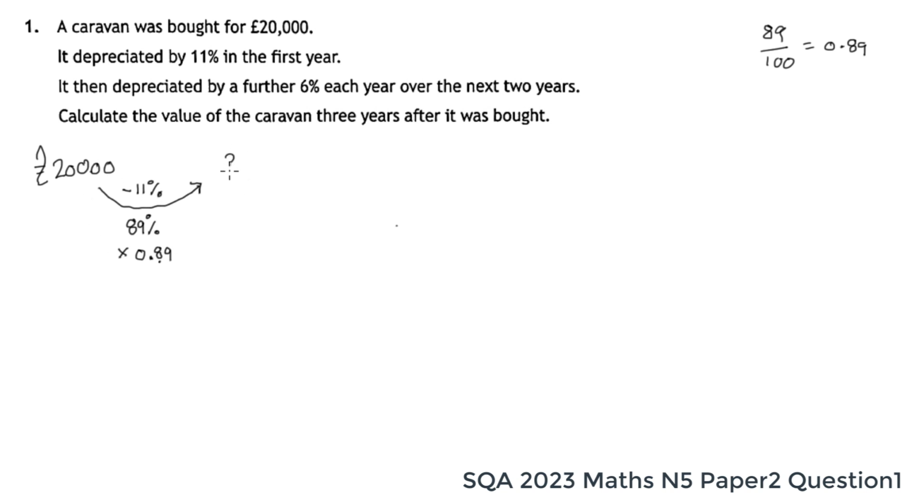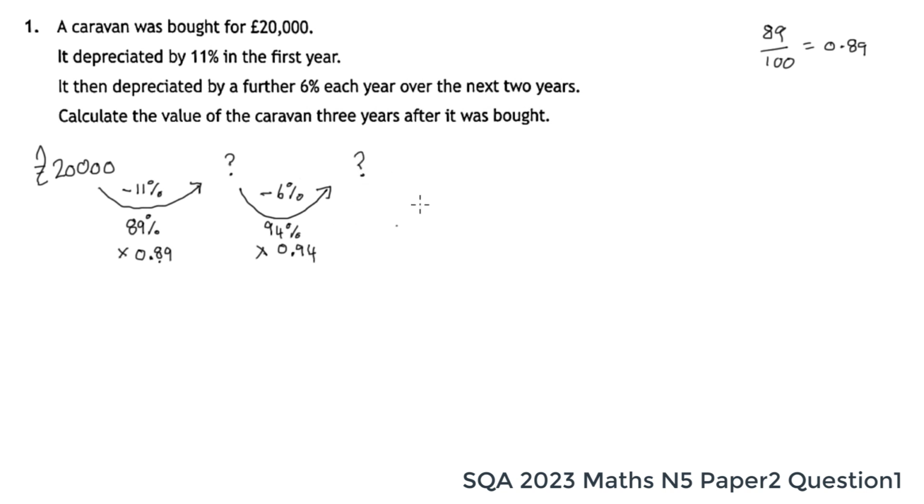So whatever that is, we now look at the second year's depreciation, and it tells us it's lost a further 6%. Now that's 6% of whatever this is, and therefore it's retained 94% of this value. And to find that, you'd multiply this value by 0.94.